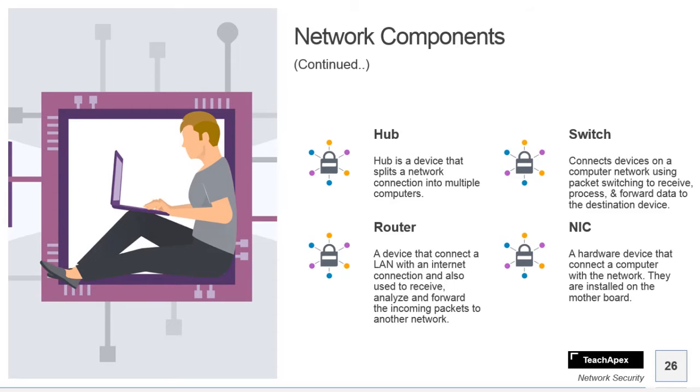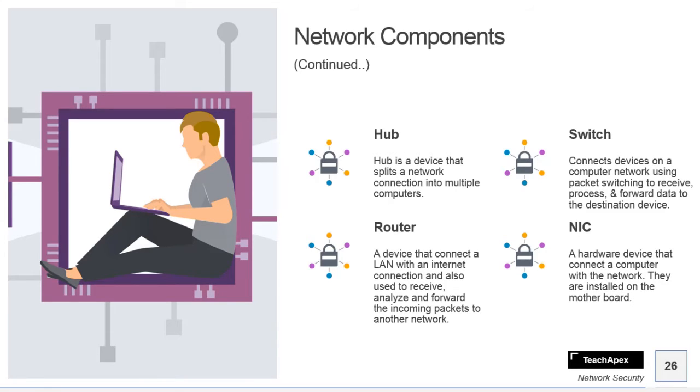A hub uses one-to-many communication. A switch uses one-to-one communication. That means if you are using a hub in your network, the hub forwards the connection to all of the computers that are connected to that hub. It broadcasts the connection, but a switch will not broadcast the connection.